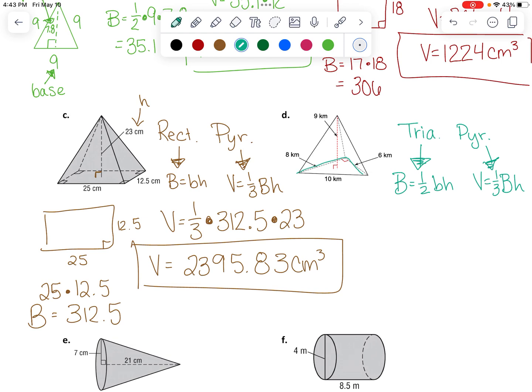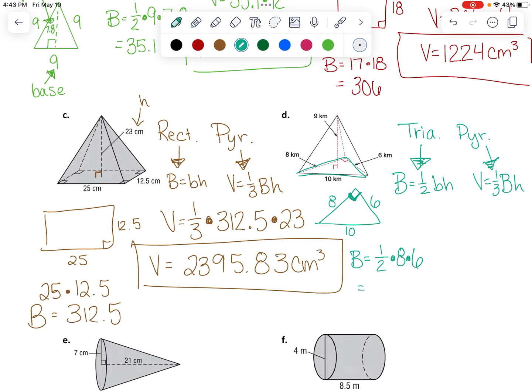So, my base is this triangle. On that triangle, I've got a right angle, I've got a 6, I've got an 8, I've got a 10. The perpendicular is here. Base and height are always perpendicular, so base area is 1/2 times the 8 and the 6.